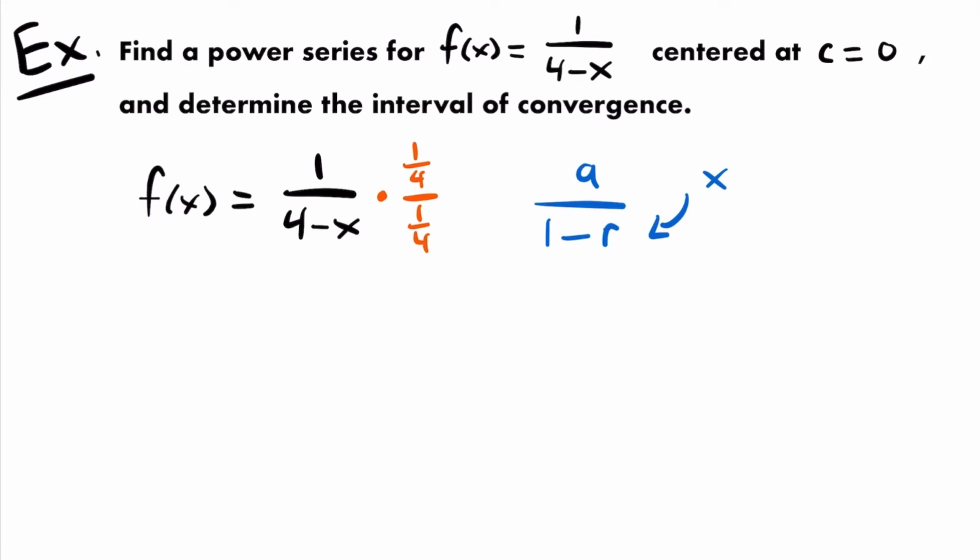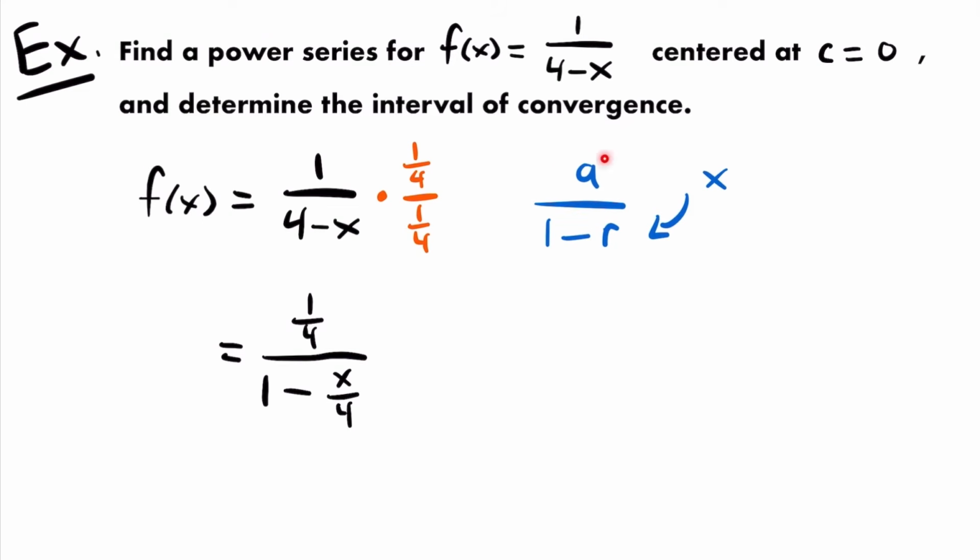But if we go ahead and multiply this into our function, what we're going to have is that this is equal to 1/4 divided by 1 minus x divided by 4, right? 1/4 times 1 is 1/4, 1/4 times 4 is 1, and 1/4 times x is x divided by 4. Okay, and so now our function is in the form of the sum of a geometric series.